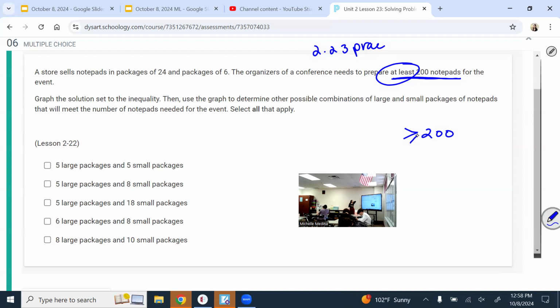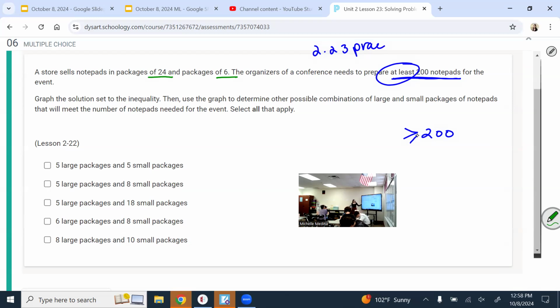For the expression that goes on the other side, that probably has to do with this information, that we sell them in packages of 24 and packages of 6. Do we know how many of each we are getting? Do we know how many packages of 24 we are getting? Does it say I am getting 10 of these ones?